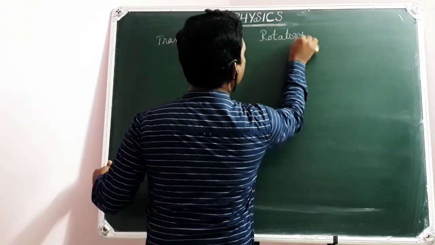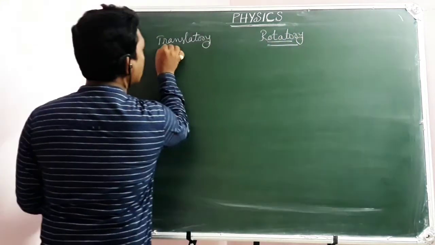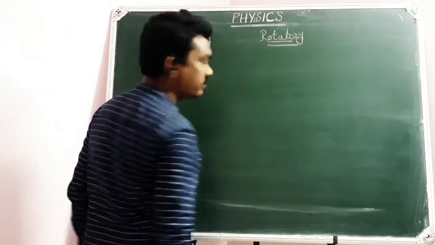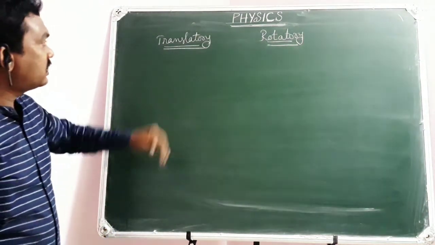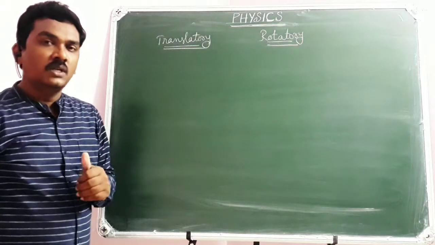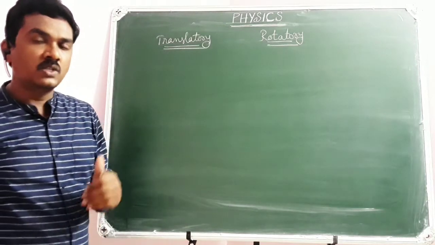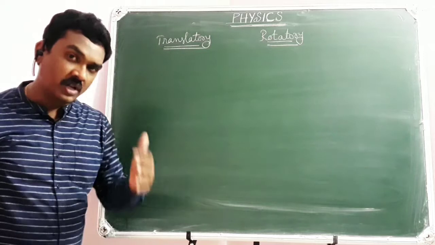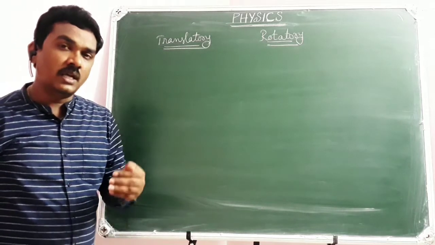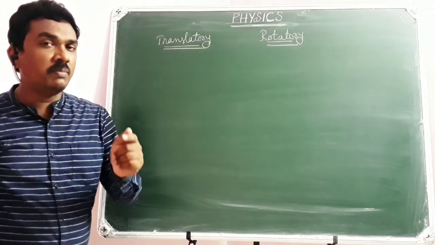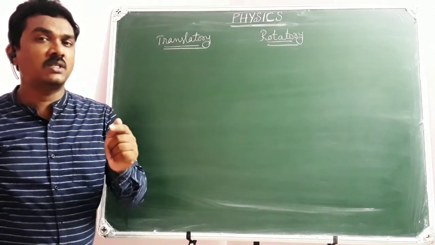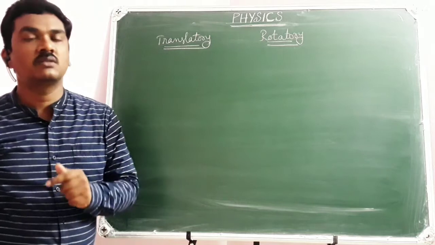You have to understand the terms related to these two different types of motion. What is translatory motion? If a particle or a body is moving either along a straight path or a curved path, then each and every particle in the body covers the same path, the same distance.